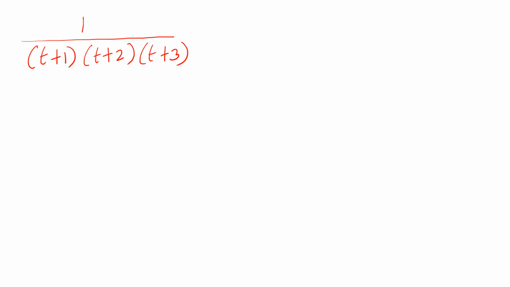Now students, we have 1 upon t plus 1 into t plus 2 into t plus 3 equal to a upon t plus 1 plus b upon t plus 2 plus c upon t plus 3.